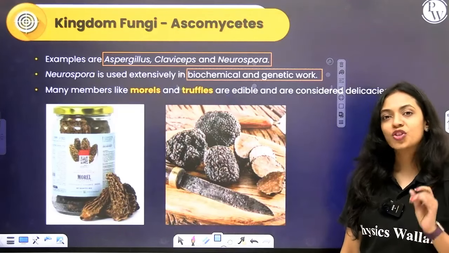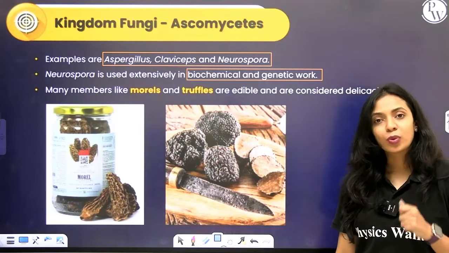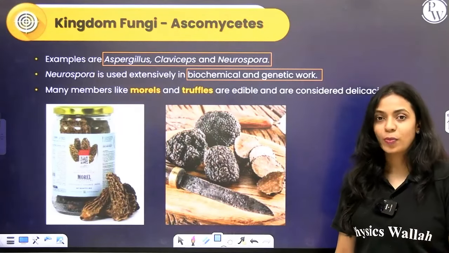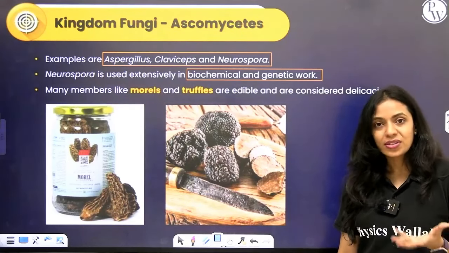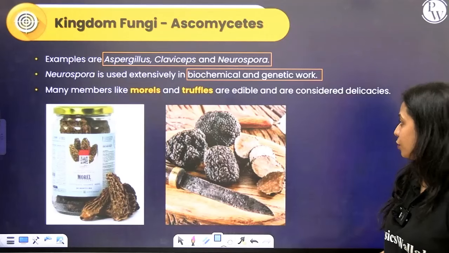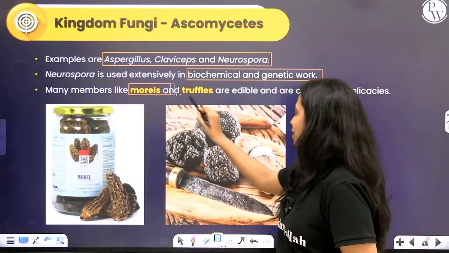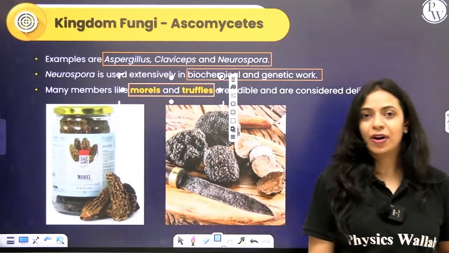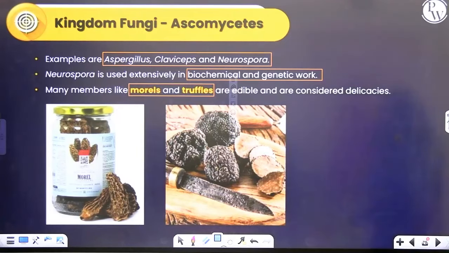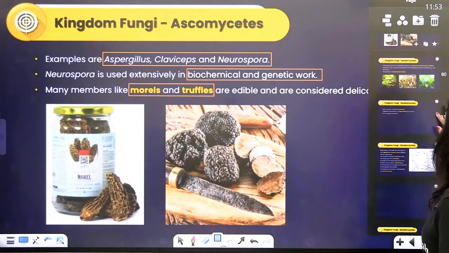And just like mushrooms are edible, the fruiting bodies of ascomycetes, the ascocarps, also are considered to be edible. Those ascocarps are available in the form of morels and truffles. They are considered to be a delicacy in many parts of the world. That's about your ascomycetes.